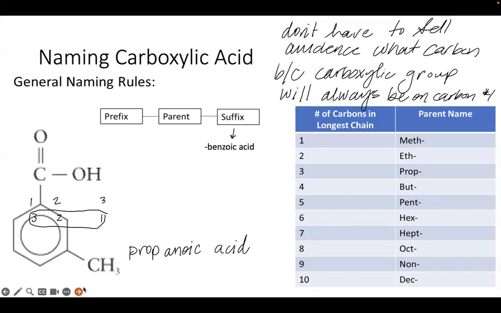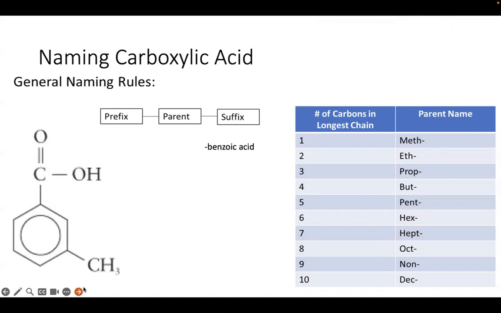All right. So here is where we deal with, I mentioned in the first video, benzene rings. Here is where those benzene rings come into play. Sometimes benzene rings can be attached to other functional groups. It's common for a benzene ring to be attached to a carboxylic acid group.